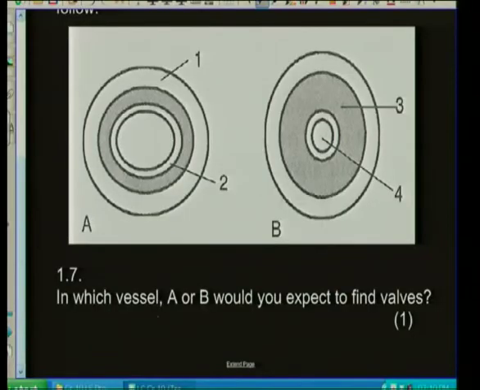Still with the same question, in which vessel, A or B, would you expect to find valves? Now, something that just hits my head at the moment as I'm talking about this question is V is for veins and V is for valves. So therefore, you'll remember that valves are mainly found in veins.